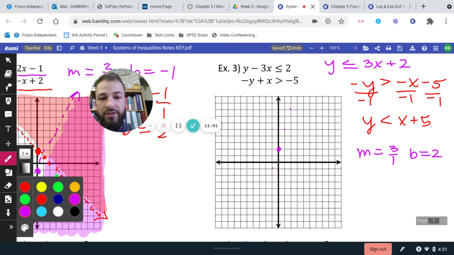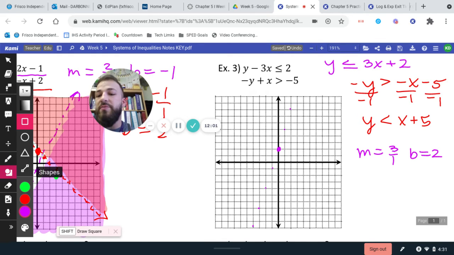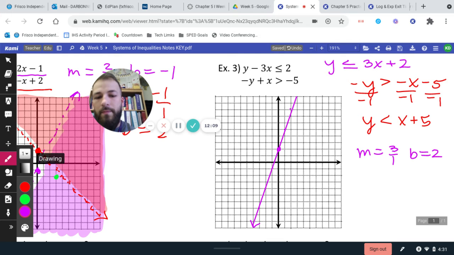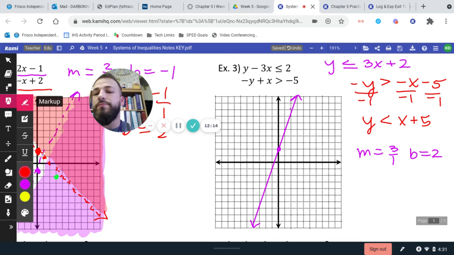Same thing in the other direction. And then it is less than or equal to, so it is going to be that solid line. And less than, so we're shading below.